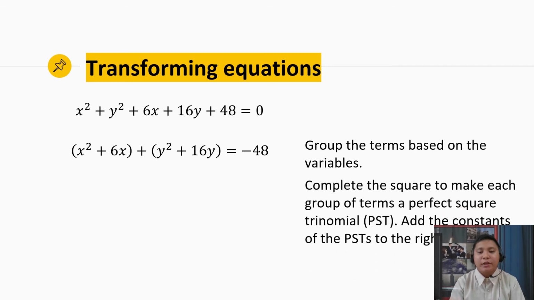Next, we will complete the square to make each group of terms a perfect square trinomial, and add the constants of the perfect square trinomials to the right side. I believe you have undergone this topic during your Grade 11 General Mathematics.